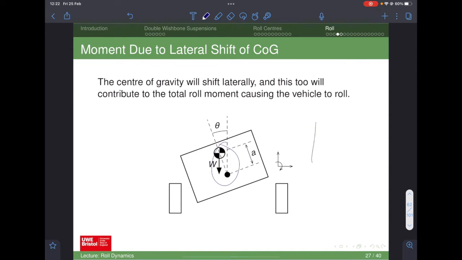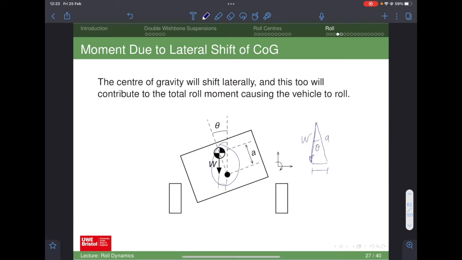So if you've got that's A, theta, W. You can end up working out what that weight is. You've got this distance here. That's the lateral shift.